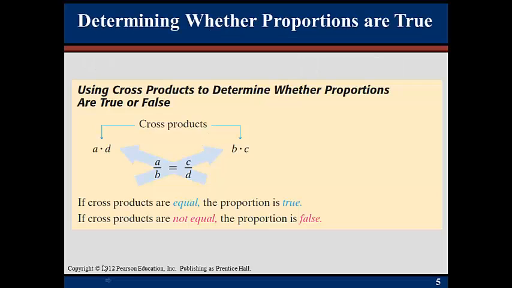Now, how do we determine whether proportions are true? We're going to use cross products or cross multiplication. You may use cross multiplication if you have an equal sign between your fractions, or the rates or the ratios.